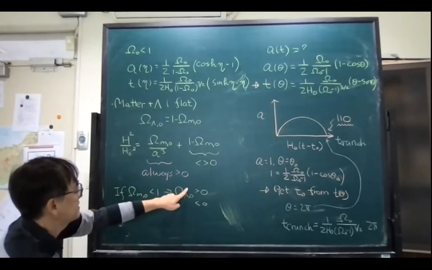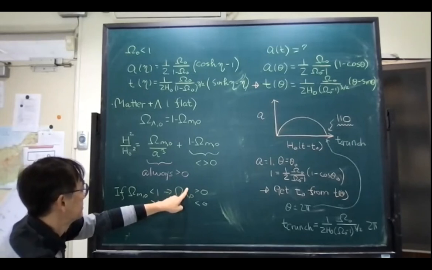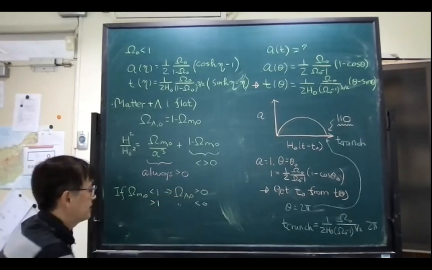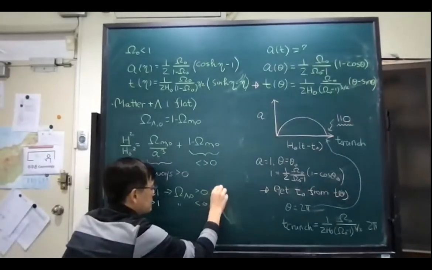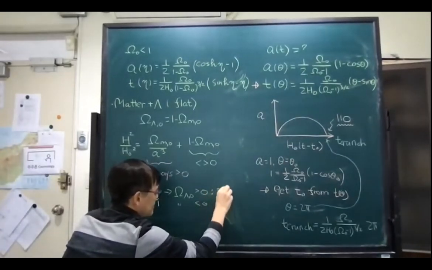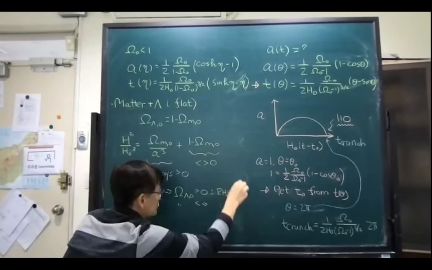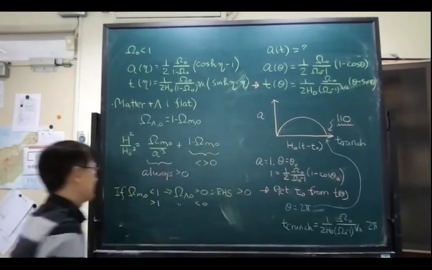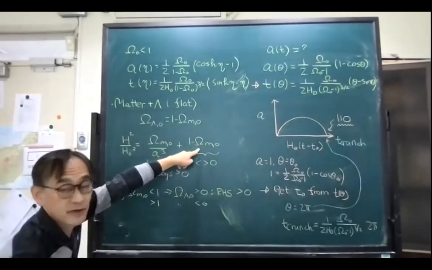If this is the case, then of course the right-hand side of this is always positive because omega m0 is less than 1.